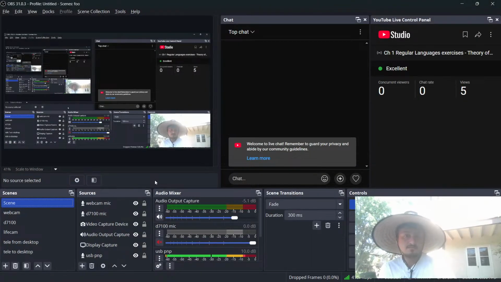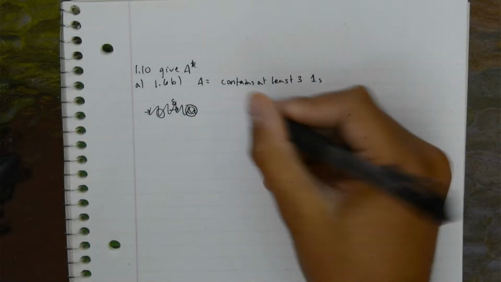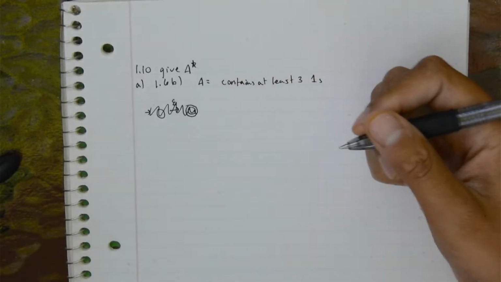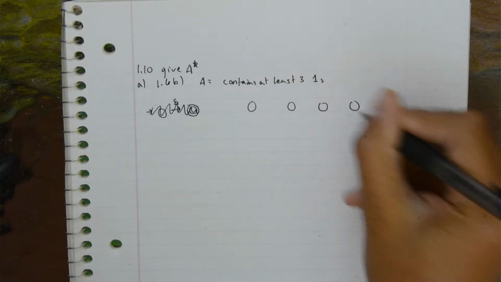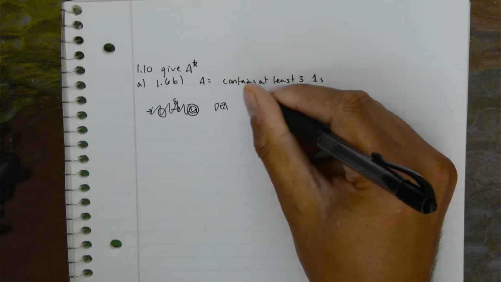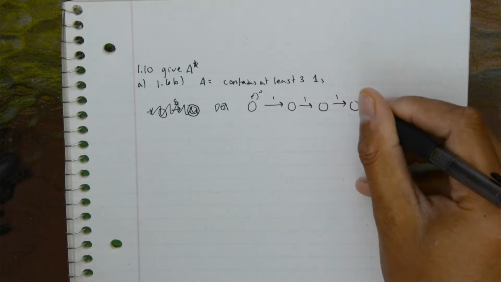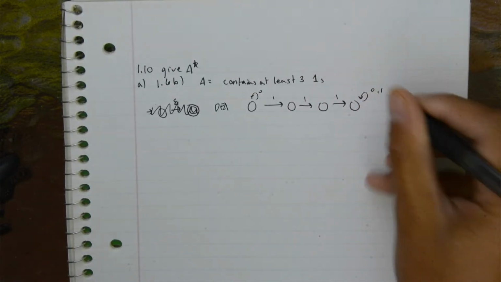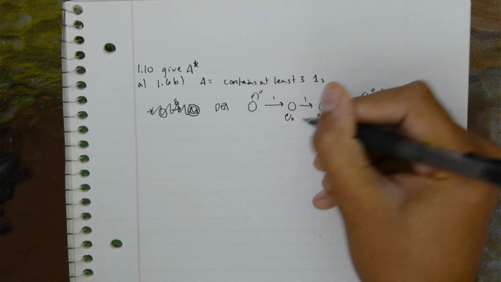So we need to remember what the DFA that we had was for this language. And I'm pretty sure that contains at least 3 ones. It's just like, so this is the DFA. If you can get a 0, 1, 1, 1, 0, 1, 0, 0.